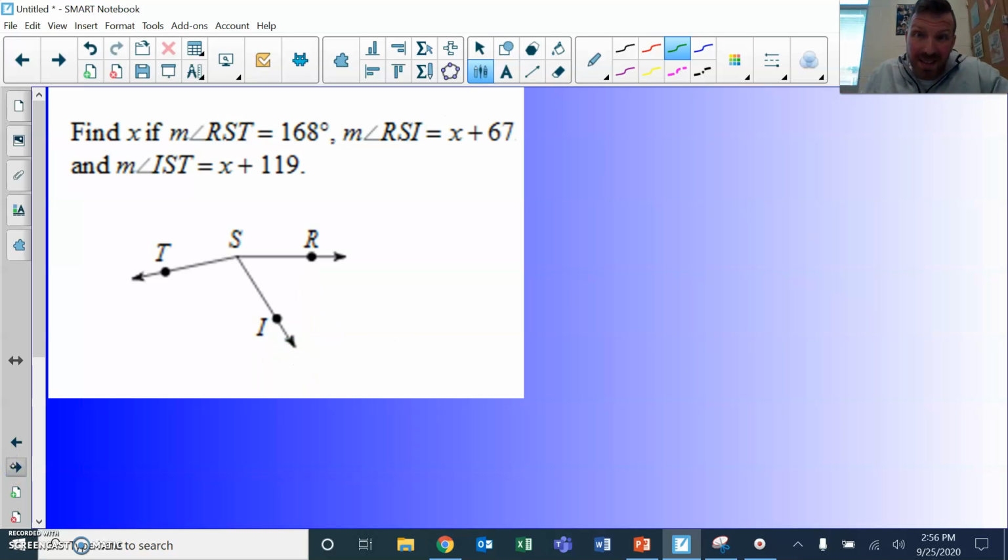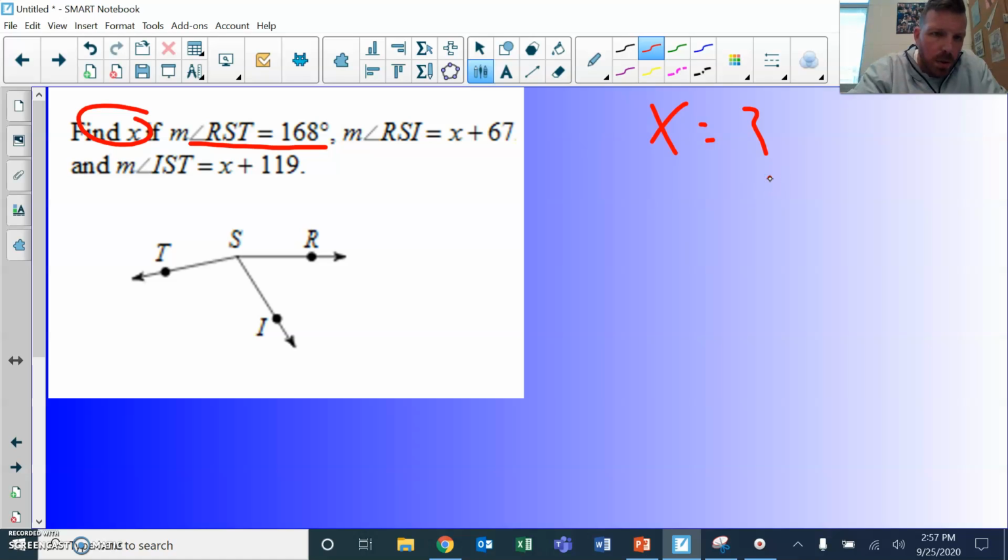We got some X variables. I love it. We got some expressions and some garbage that we like to put together because we look at it and go, I don't want to do it, but it's simple. So let's do it. All right, let's highlight some things. RST is 168. I know I need to find X, so we know we're looking for X in this problem.